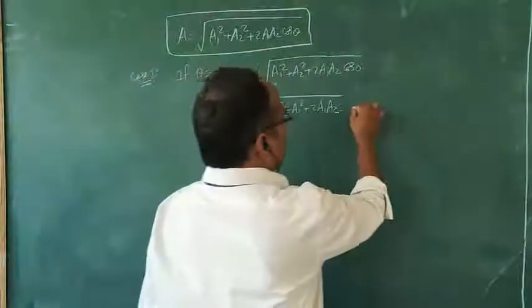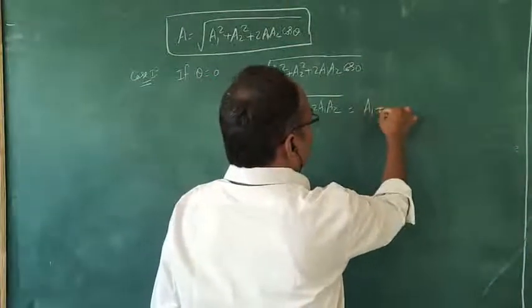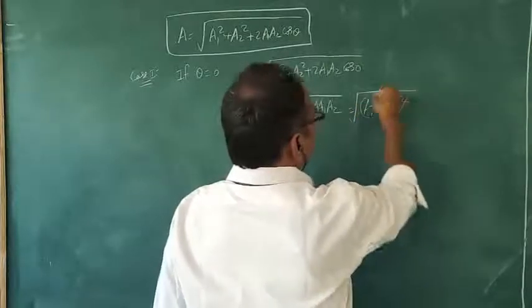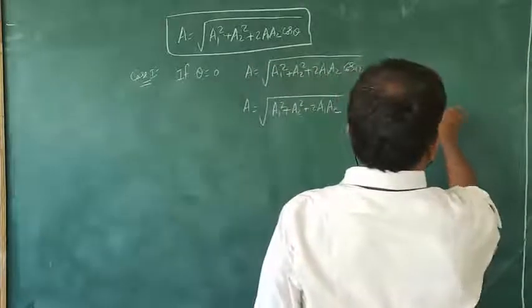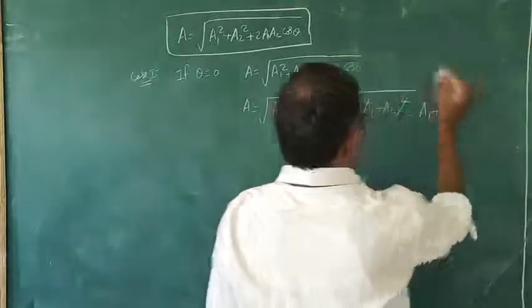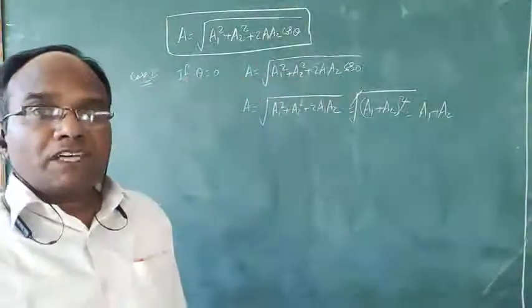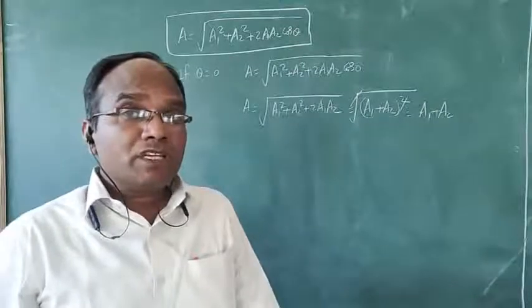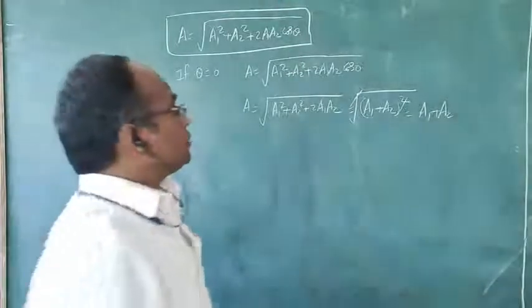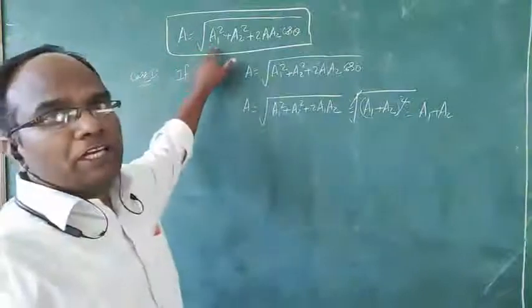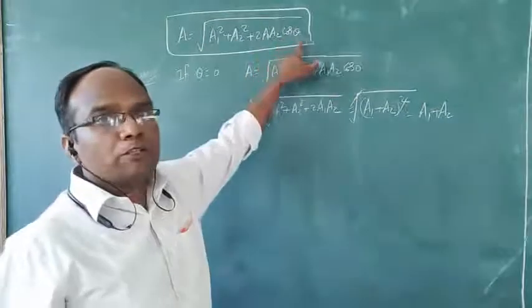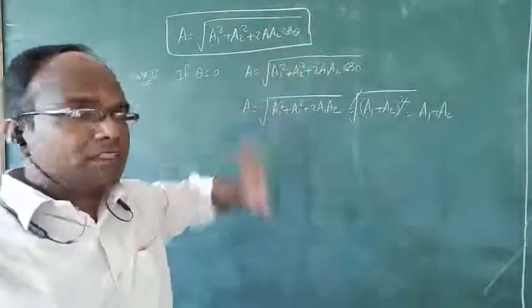So this value we can write as root of A1 plus A2 whole square. Square root cancels. What is the value? A1 plus A2. So we can see the resultant displacement of the wave is maximum. Here in place of A1 we can keep y1 square, y2 square plus 2y1y2 cos theta, like that also we can write it.